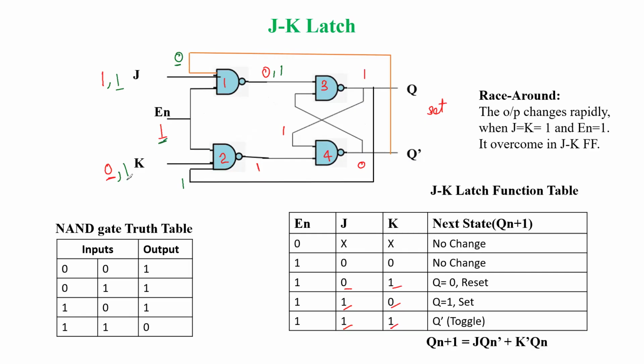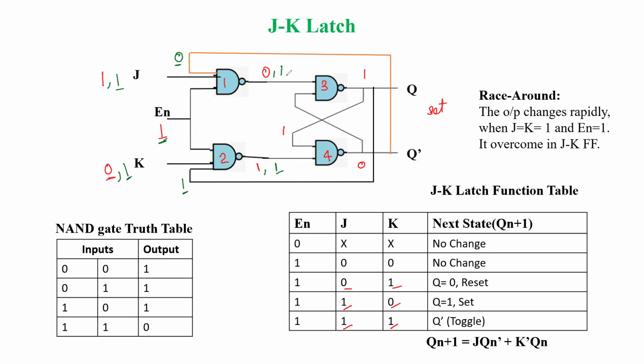Enable is 1, K we have changed to 1, and Q is 1, which is given here. All three inputs are 1, so what is this output? 1.